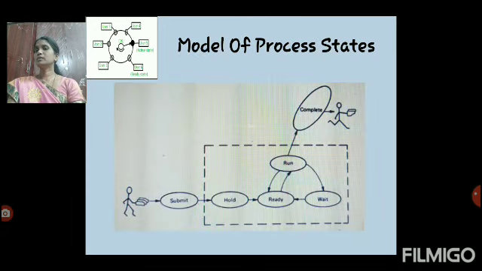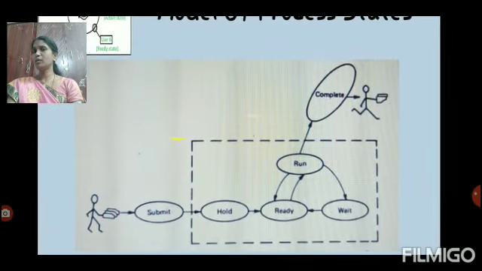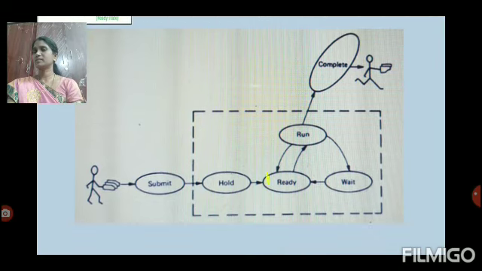Then here we see the model of process states. We saw the 3 main states of a process, and they are ready, run and wait. Here in this diagram we see 3 more states: submit, hold and complete. These are the 3 added states of a process.